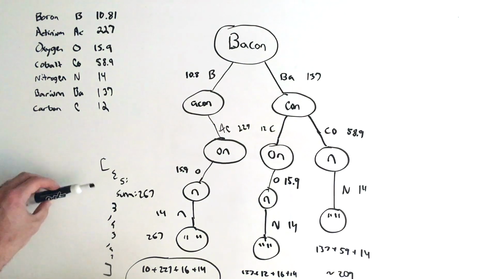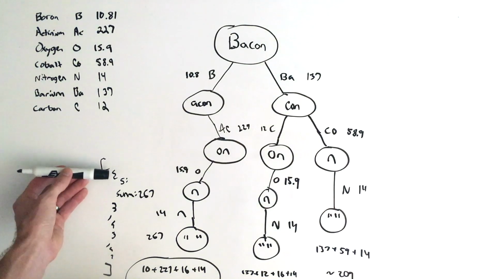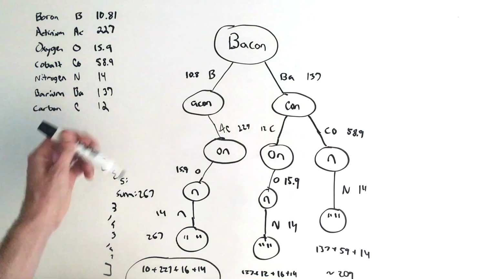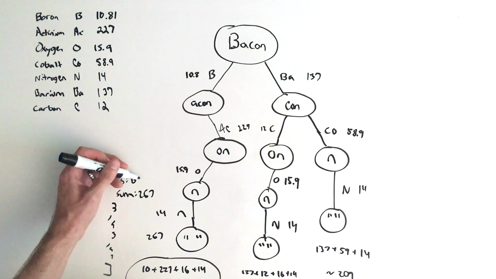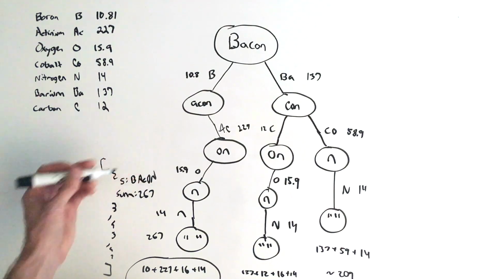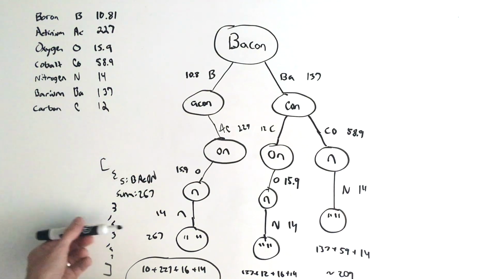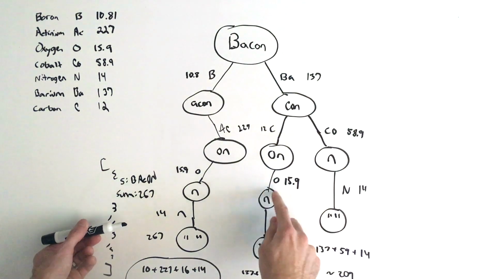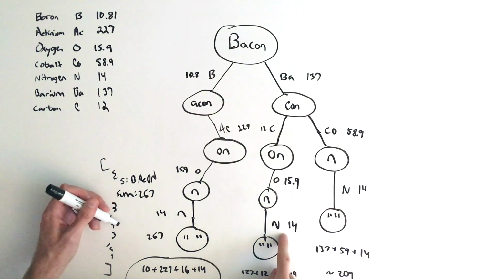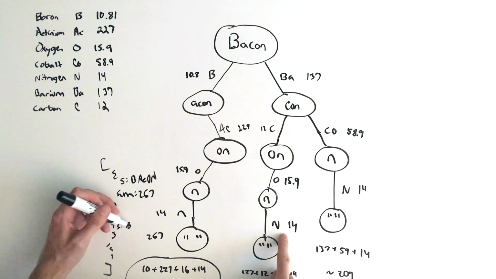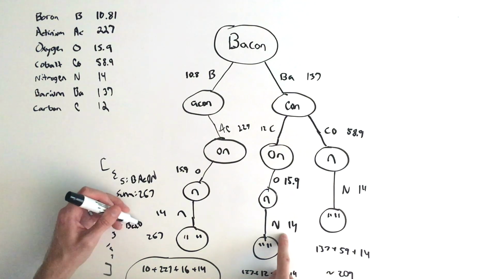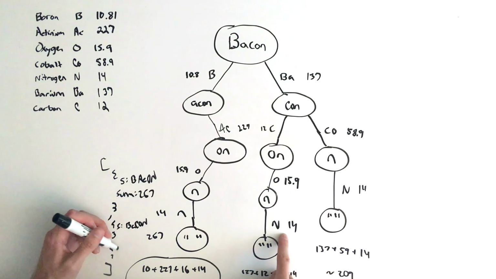So this array will end up becoming an array of 3, where it has objects with the symbols we used. In this case it would be BACON. And then in this case would be BaON. And then the final case we have BaCoN.